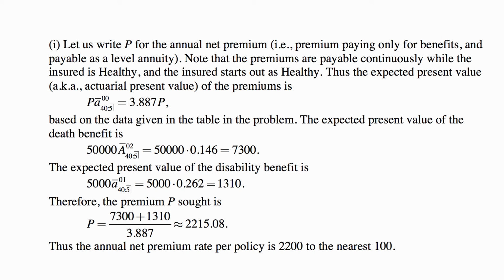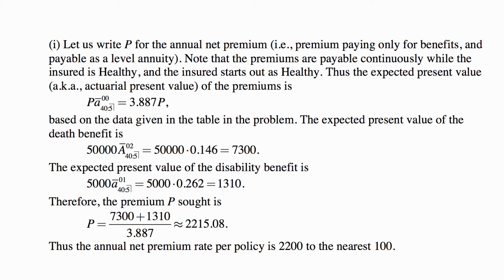So the person starts out in state 0, and the moment the person transitions to state 2, there's a payment made. That's the death benefit. The value of this A bar upper 02 is given in the little table that comes with the problem. It's 0.146. We plug it in and we get 7,300.